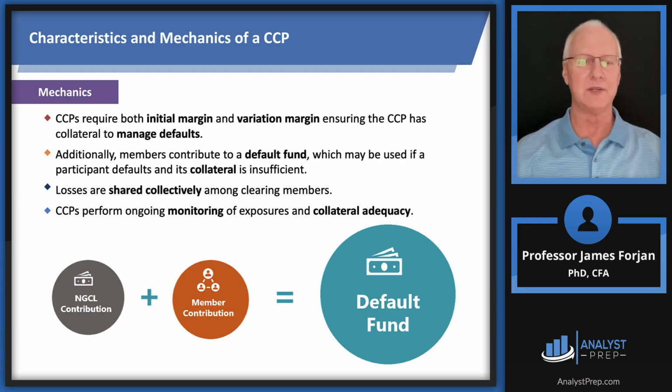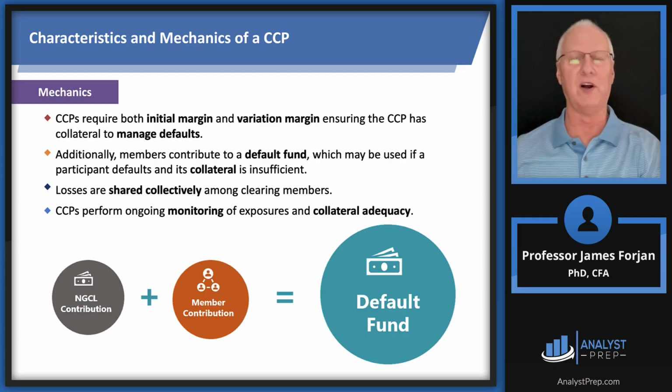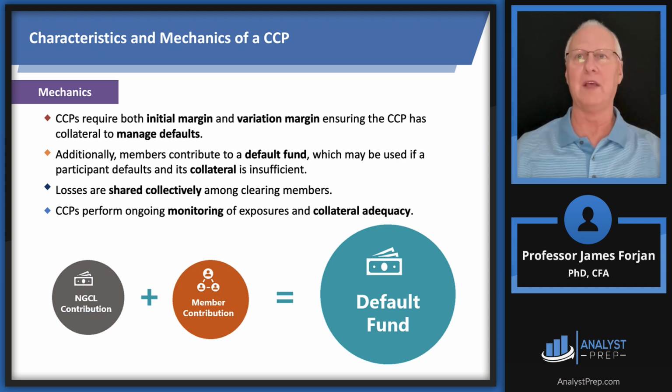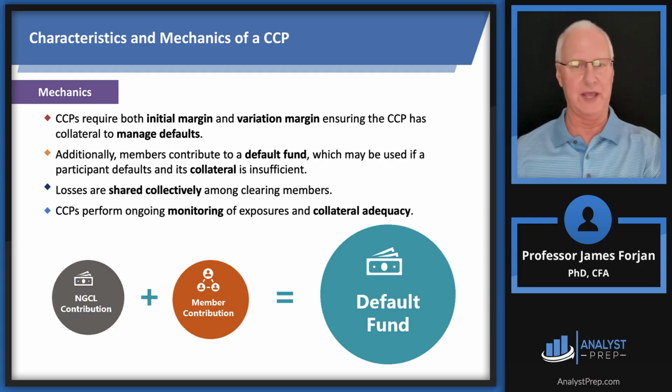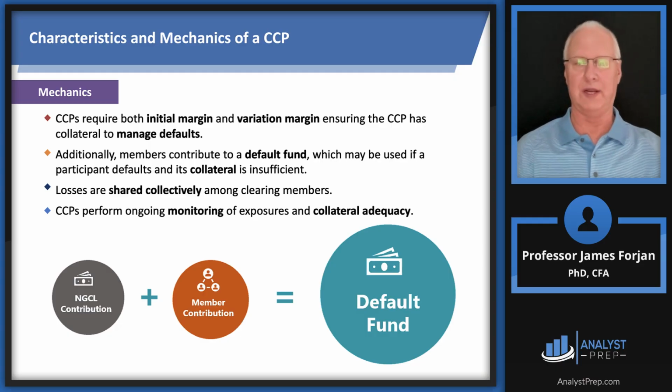And we're going to put that into a default fund so that if you default or the other party defaults, we've got some kind of a buffer. So that default fund has two things to it. It has member contributions, which are all the individual traders that are out there. And then this CCP clearing contribution, which is all part of the CCP and its equity and its goodwill and all that kind of good stuff.